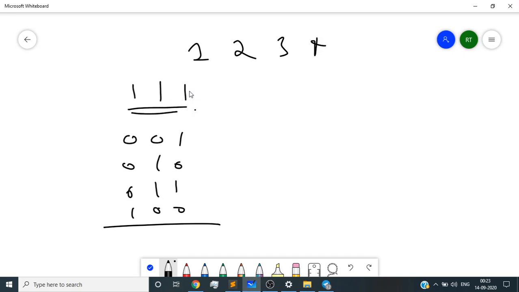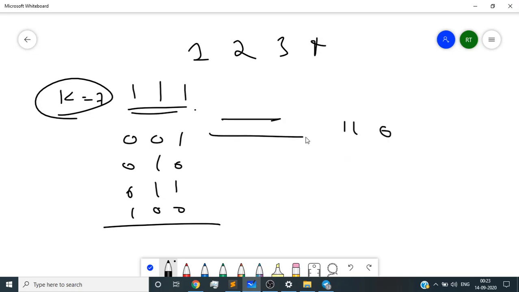Set means all bits are 1. In this particular scenario, I am basically querying with 7. After doing this operation, with each element, all ones become 0 and all zeros become 1. That's how XOR works.